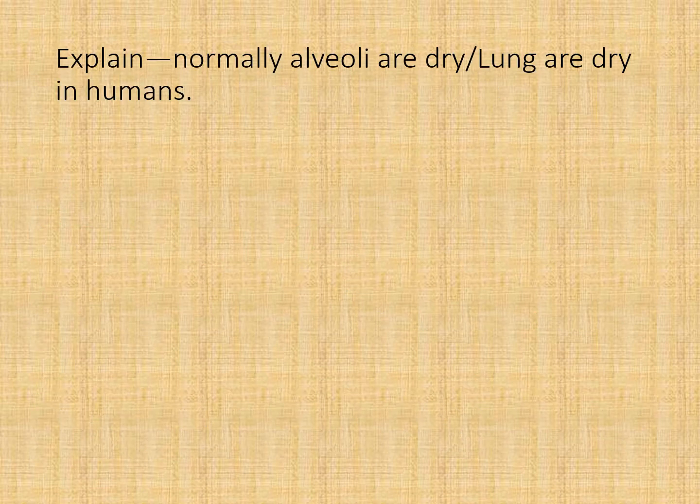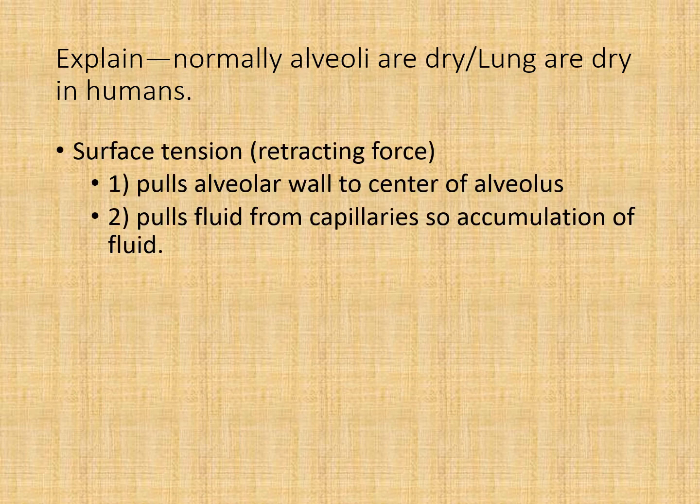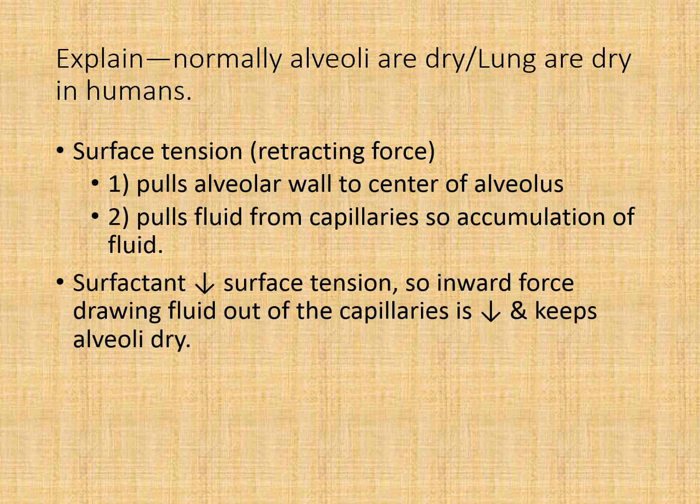Explain. Normally alveoli are dry, or lungs are dry, in humans. First of all, we need to understand surface tension, which is a retracting force. It pulls the alveolar wall to the center of the alveolus. It also pulls the fluid from the capillary, so there is accumulation of fluid near the wall of the alveoli.